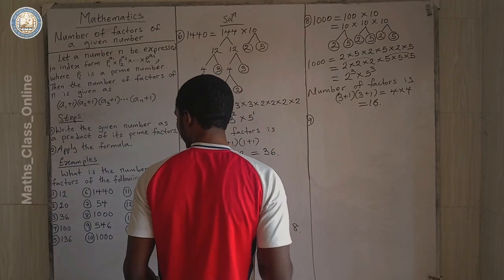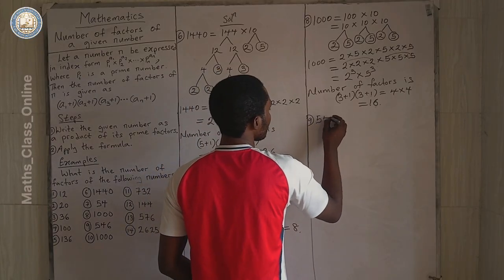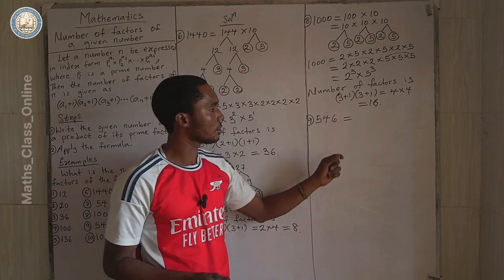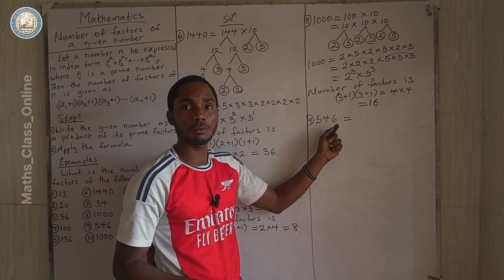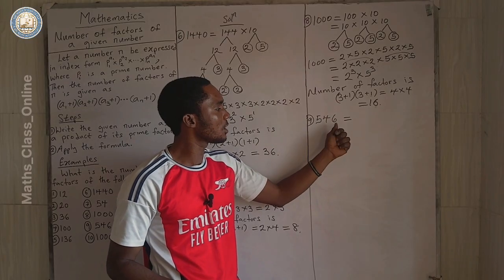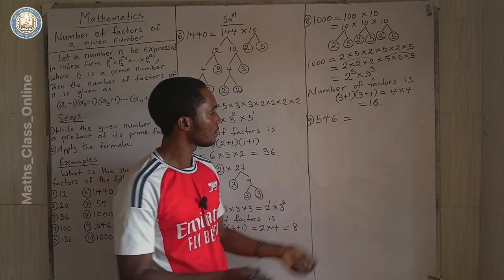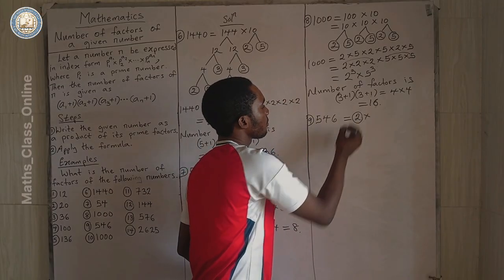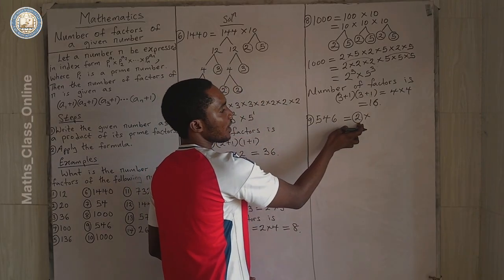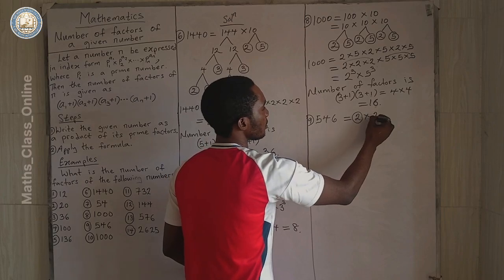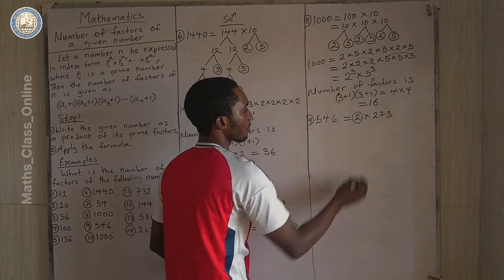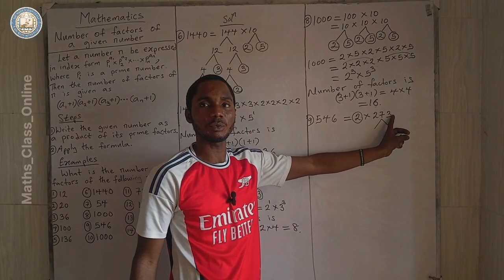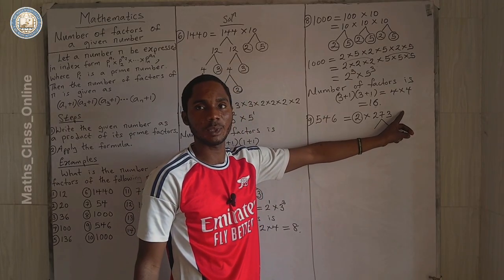Next is 546. This is also a bigger number. This number is divisible by 2 because the unit digit is 6. 2 is prime. 546 divided by 2, that is 273. 273 is not divisible by 2 because the unit digit is odd number.